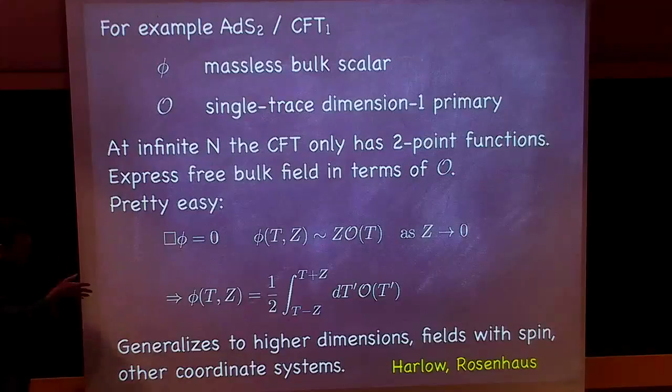The story that I'll tell you today is about trying to enforce bulk microcausality. And I'll show you how you do that mostly for scalar fields. When you're dealing with fields with spin, it turns out the Ward identities in the CFT restrict CFT correlators in exactly such a way that they're an obstruction to enforcing bulk microcausality.